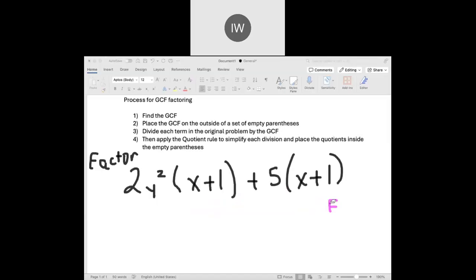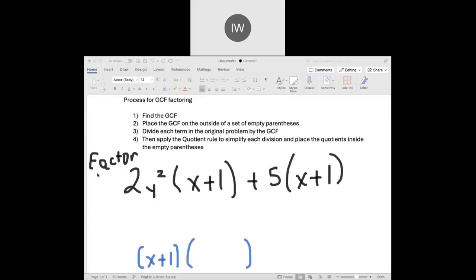So the cool part about this is that we're still going to apply this process up here, but we really don't have to do it, because it actually gets a little easier. I'm going to find the GCF, but that GCF is nothing but that x plus 1 in the parentheses. That's the only thing common to both. So we pull that out. Step 2, write it next to an empty set of parentheses. Step 3 says divide each one by the GCF.